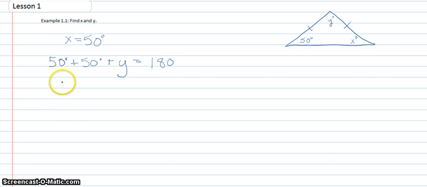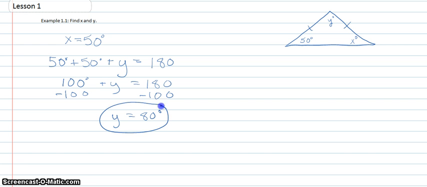So we'll add our 50 degrees together. 50 plus 50 is 100. Then we just need to subtract 100 from both sides of our equation. So y equals 80 degrees. And we found our missing angles.